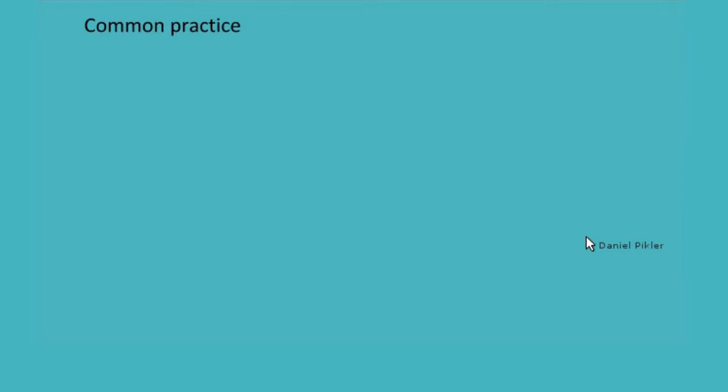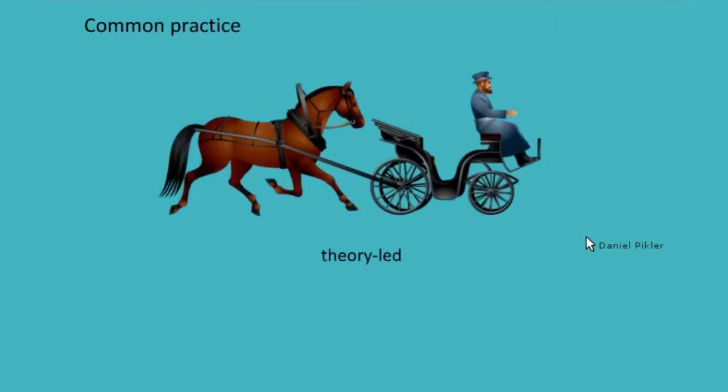Now, it's common practice when teaching science to do theory-led practice. That's the idea of having the cart before the horse, where you would lead with formulas and then drill and skill on formulas, and then potentially look at real life examples after that.